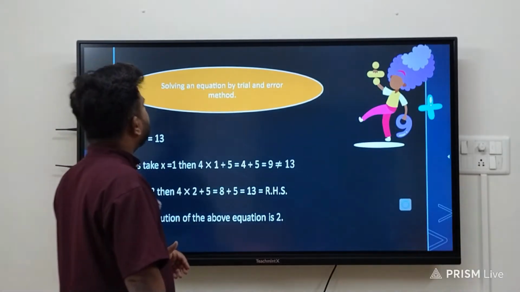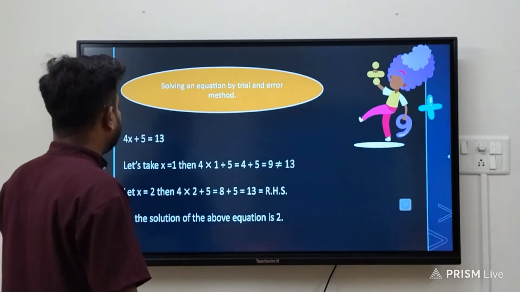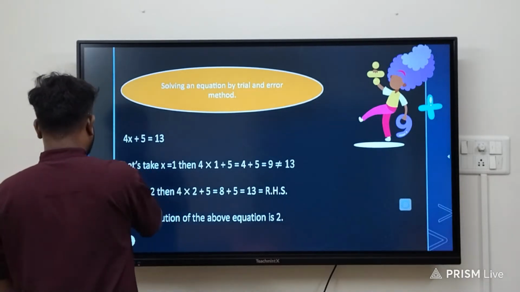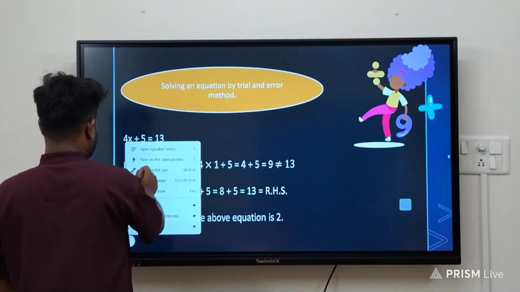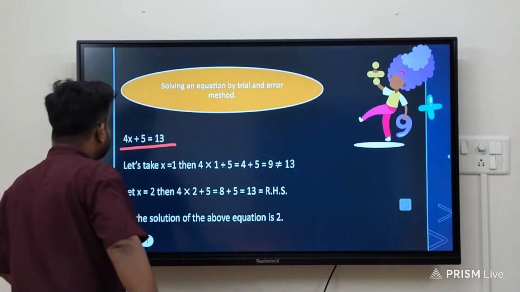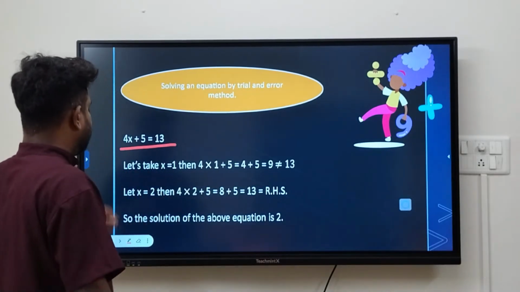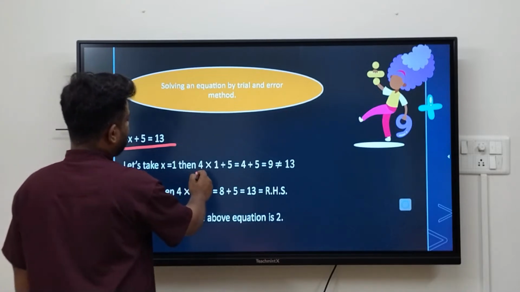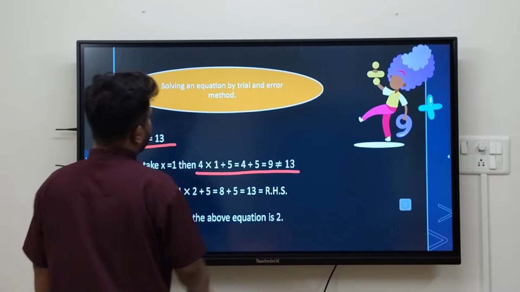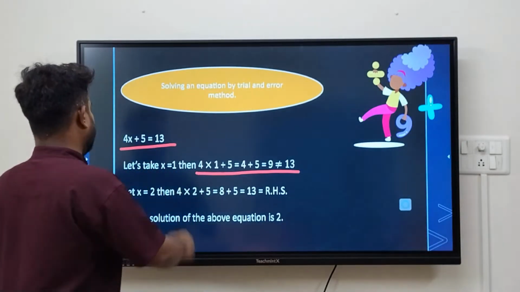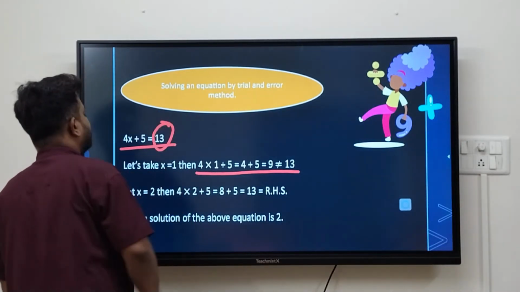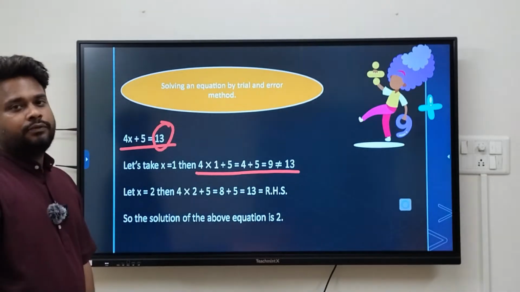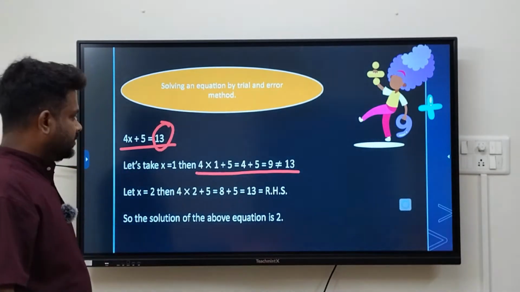So solving an equation by trial and error method will look like this. If an equation is like this, 4x plus 5 equals 30. Let's take x equals 1, then the answer will be 4 into 1 plus 5, so the answer will be 9, but no, they have given that 30 will be the value of this equation.